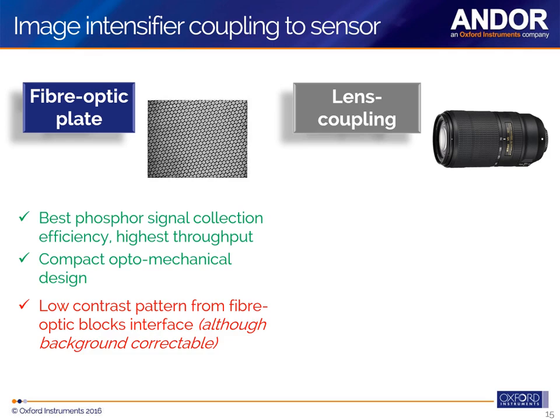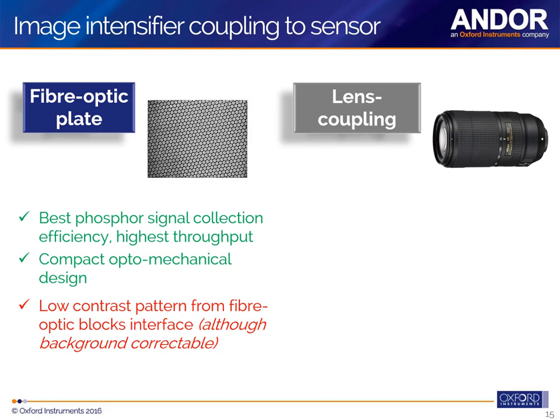Fiber optic plates have some pros and cons. The fiber optic plate approach allows to better channel the light down to the sensor and avoid any scattering. So this approach is typically better for signal collection and throughput.